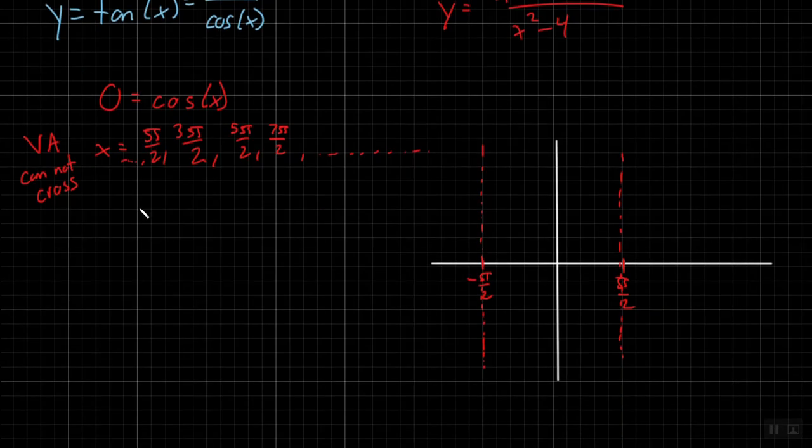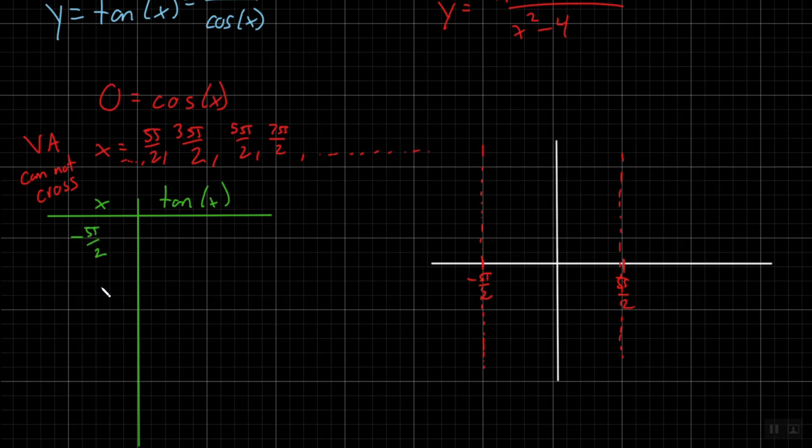Okay. Let's do our table. We only need 2 columns for this. We have x and we have tangent of x. Okay, we're going to pick values in between negative pi halves and pi halves. So let's start with negative pi halves.